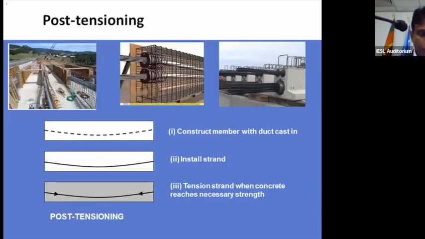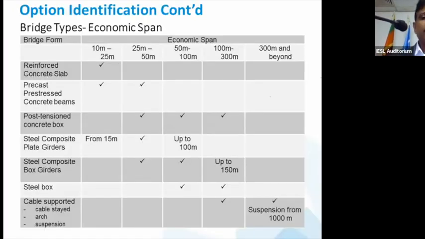Now, one thing to remember: that 70 meter span, right? Now, this is called option identification, which types suit which economical span. I find this slide very fascinating, because as you see from here, you have certain spans, and for a certain span, certain structures are suitable.